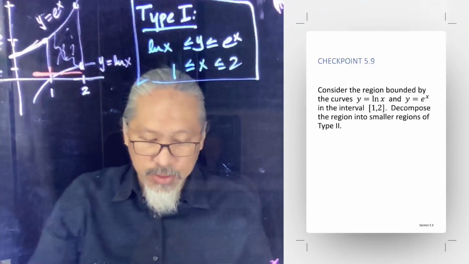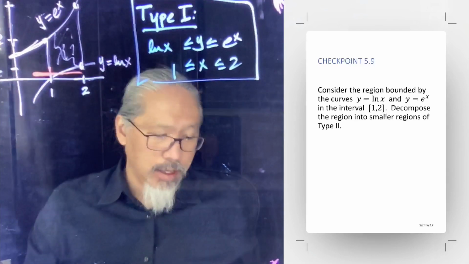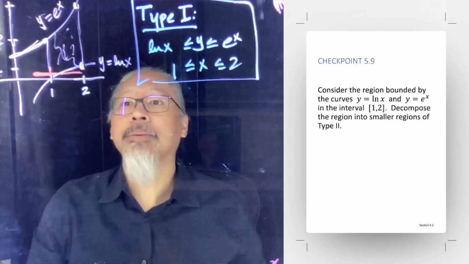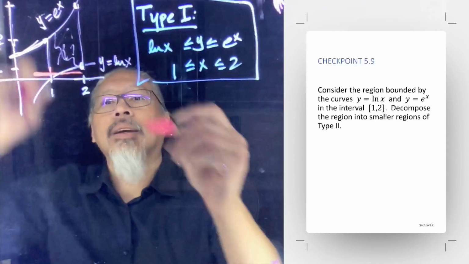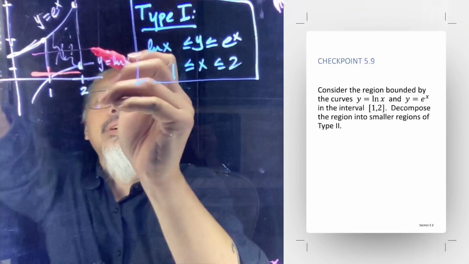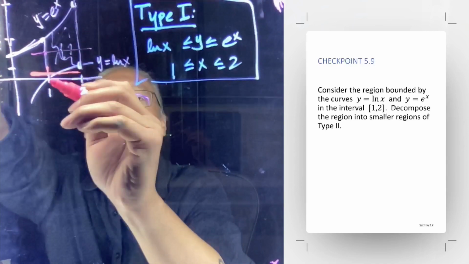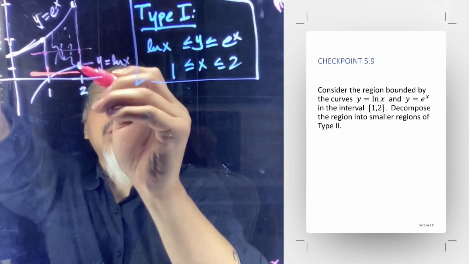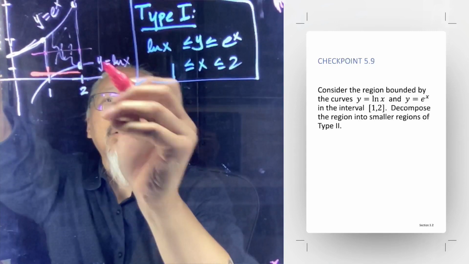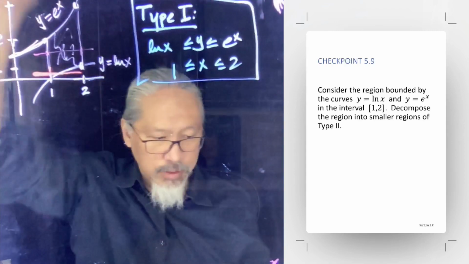What happens is that if you go a little bit higher, over here you will have this same function that you're hitting in this first part, but then instead of hitting the ln x function, you'll be hitting something different.